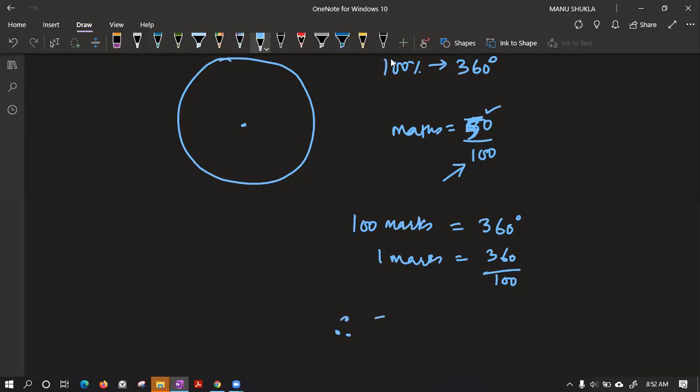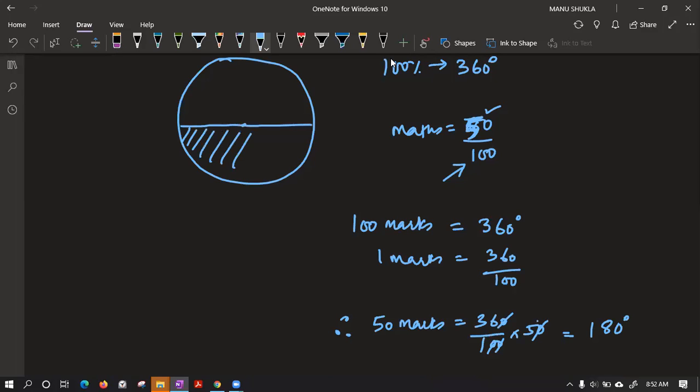So 50 marks will be equivalent to 360 upon 100 multiplied with 50. The 0 and 0 cancel, and if you multiply this you will get the answer as 180 degrees. So you will draw a straight line like this and shade it, like this. This will show that you have got half marks in mathematics.